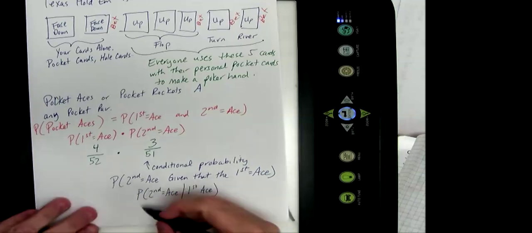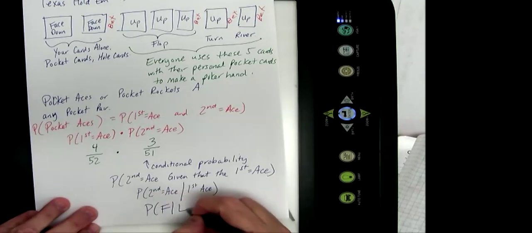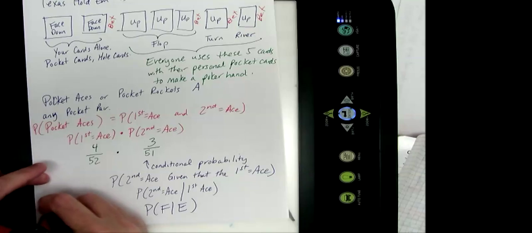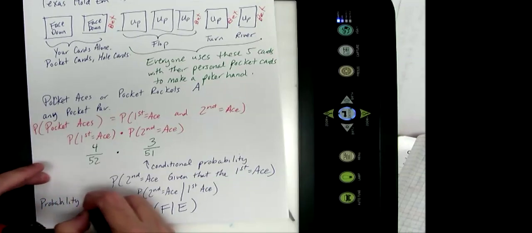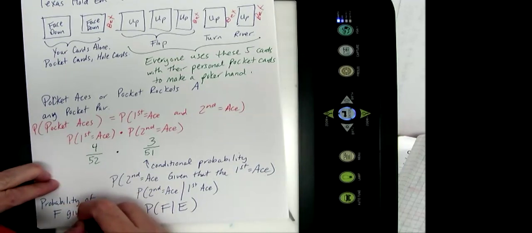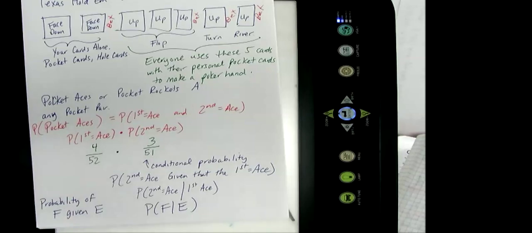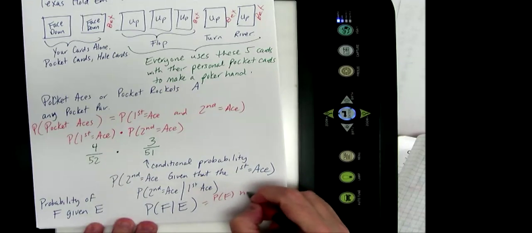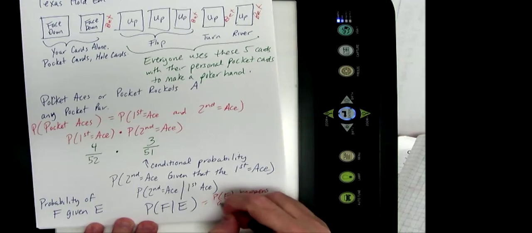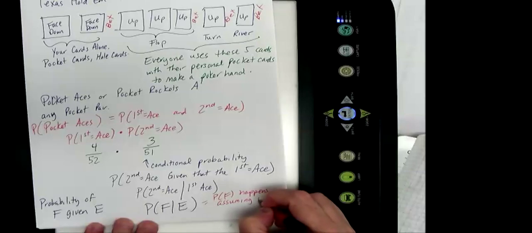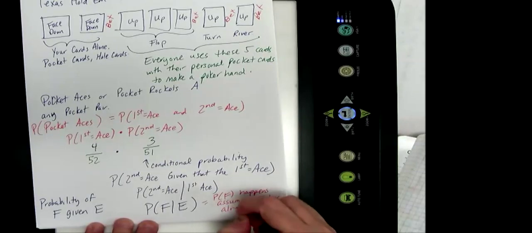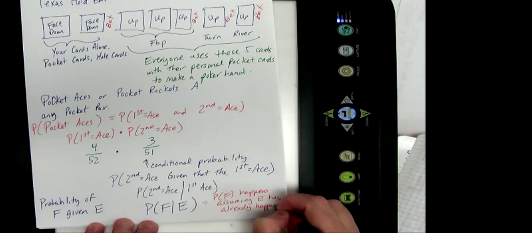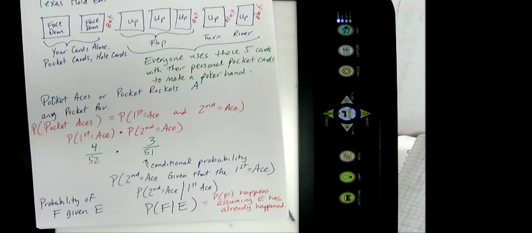A generic way of writing this is probability of F given E. That's how we say it, probability of F given E. So it's like, what is the probability that F happens, assuming E has already happened? And you notice the probability changed here.